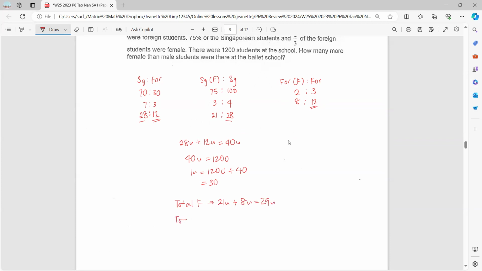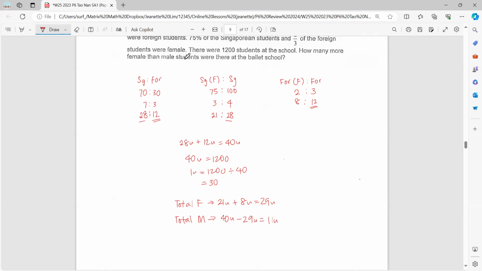So the remaining will be male. Earlier on, we have already found out that the total is 40 units. So if I take the total and minus the female, I will get the male. So 40 units minus 29 units, which is 11 units.